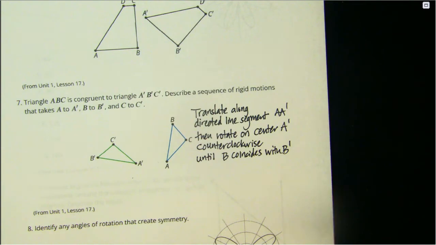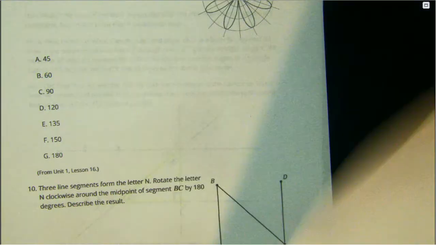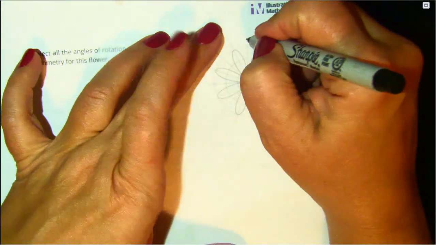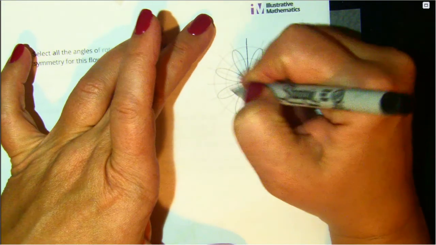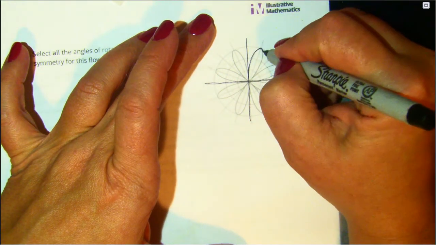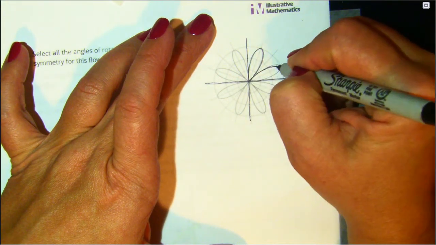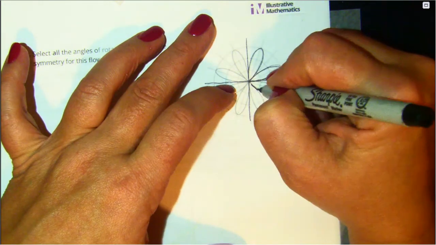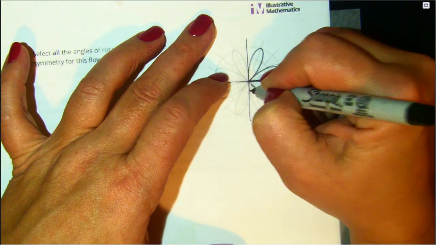All right, and finally number 9. Select all the angles of rotation that produce symmetry for this flower. You know, some of these you can do without tracing paper. But if you like having it as a tool.